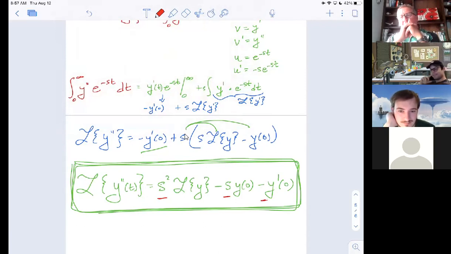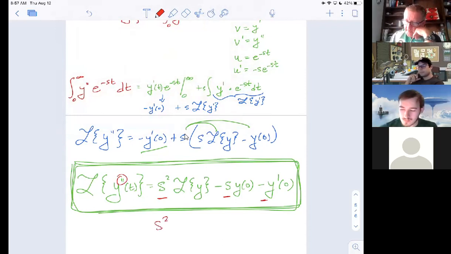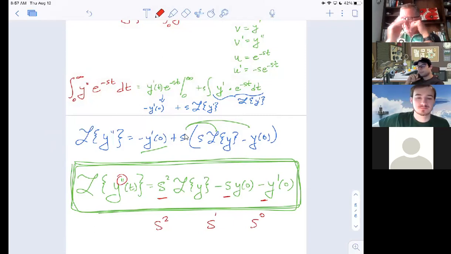Yeah, so it started as s squared, right? And remember, that's kind of how we viewed that y double prime there, like the second derivative. And so it started with two s's and then went to one s, and then it went to no s's. It's almost like this is s squared, this is s to the first, and that's s to the 0. Does that make sense?